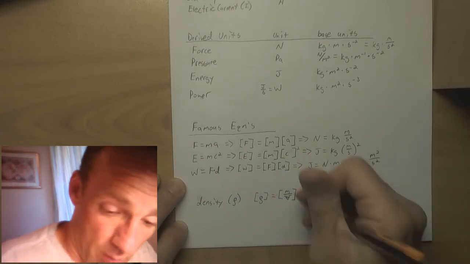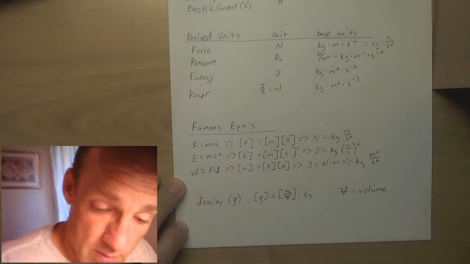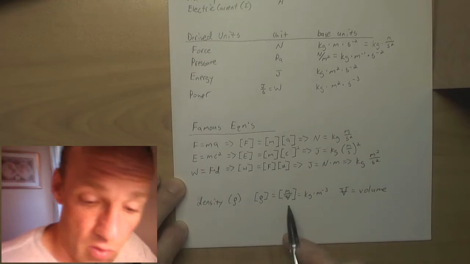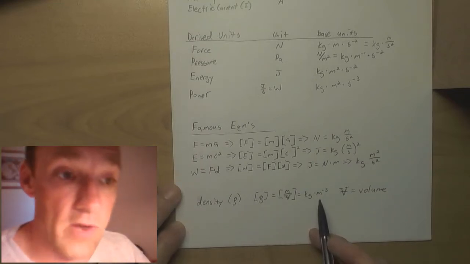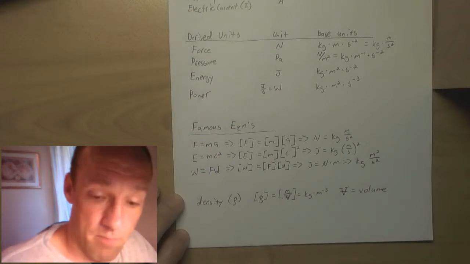Okay, and so I can break this down. So it'd be kilograms and then meters to the -3. The units of volume are just cubic meters, right? So if I'm divided by volume, I get meters cubed.